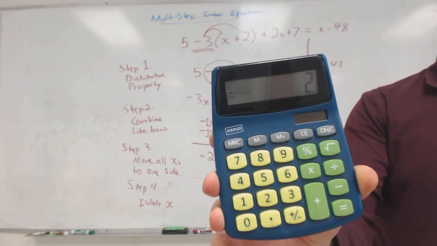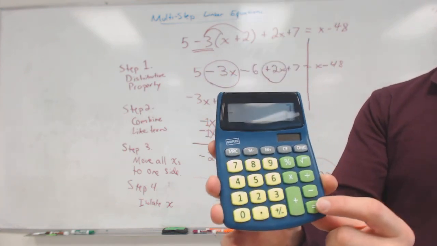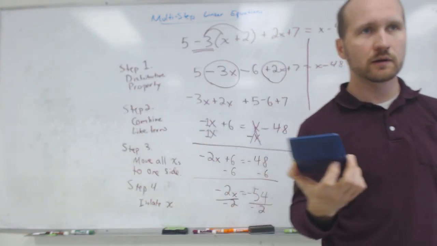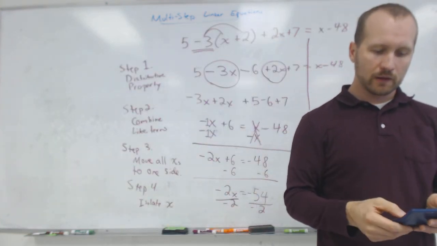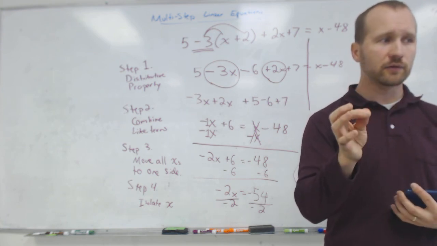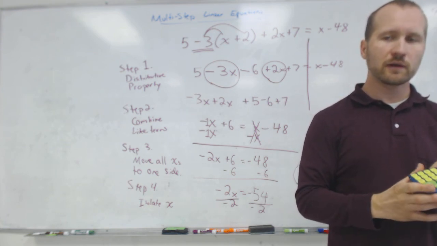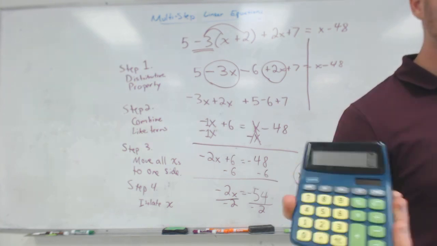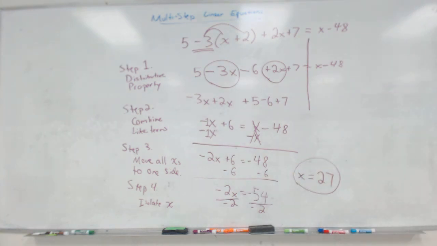Boom. And then it shows up as negative 2 equals 27. If you have a scientific calculator, then you probably can type the negative first. But a lot of you have this type, and these are the type that we have in class.